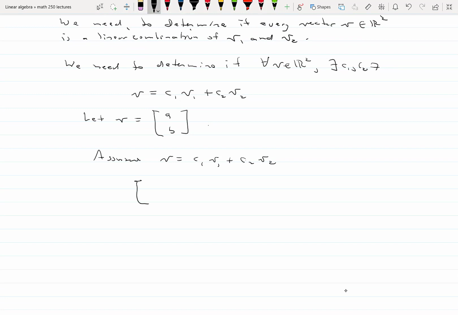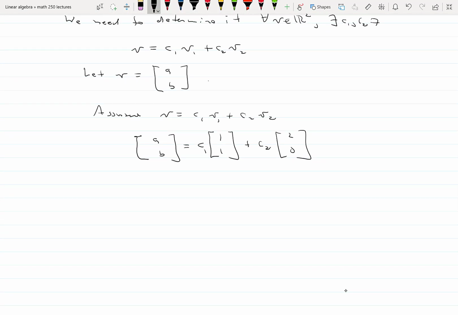What does that mean? It means, let's assume that we do have a linear combination, so the column vector (A, B) is equal to C1 times the vector (1, 1) plus C2 times the vector (2, 0).